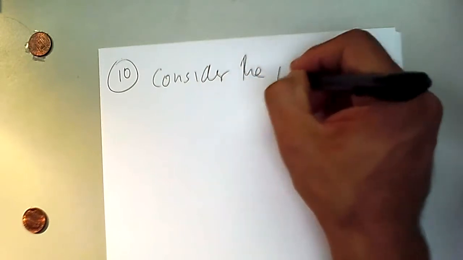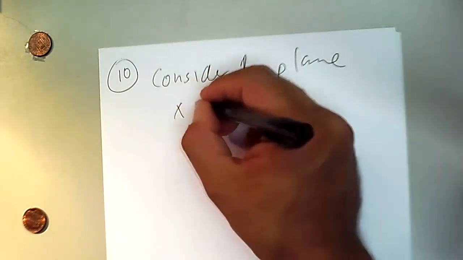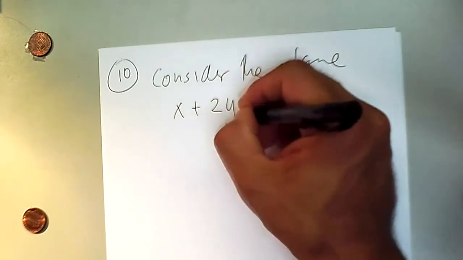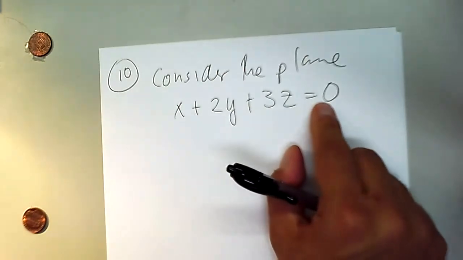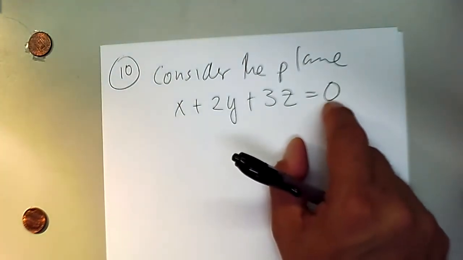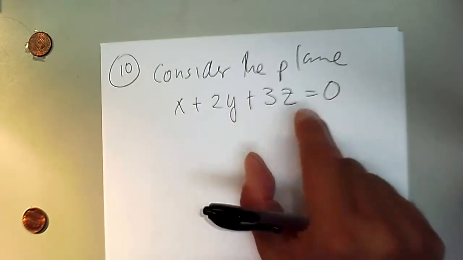Consider the plane x plus 2y plus 3z equal to 0. It has to go through the origin, so we have to have 0. Find the matrix that projects into that plane.